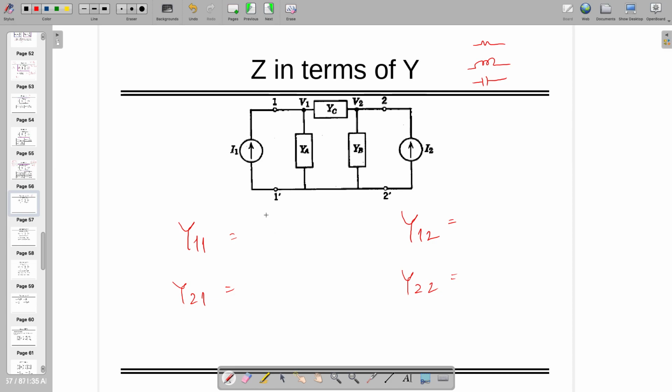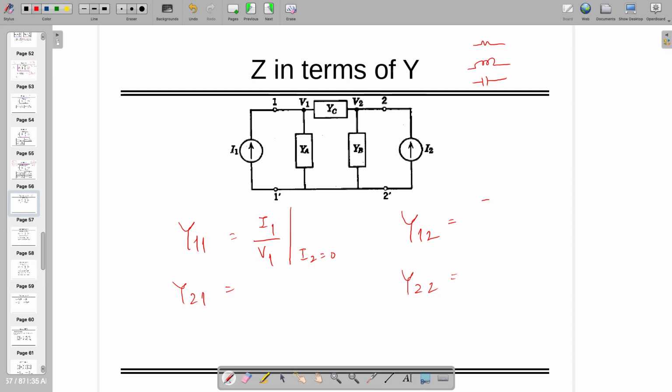So Y11 is nothing but I1 by V1 when I2 equals 0, sorry, I1 by V1, right?